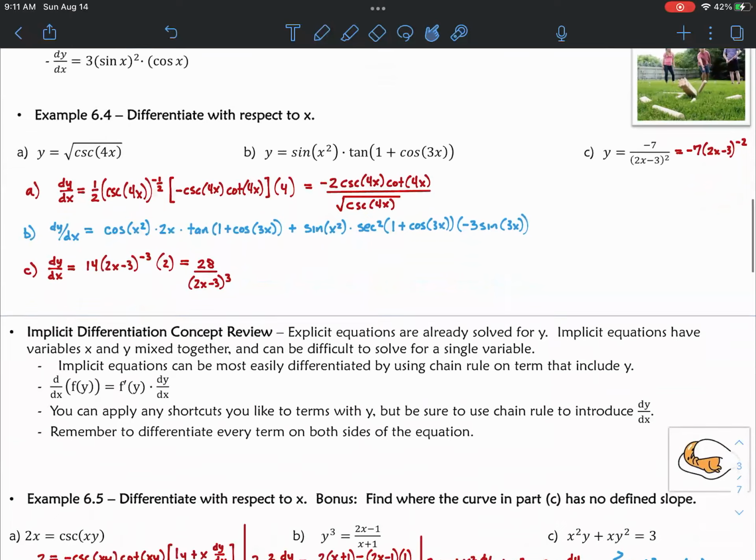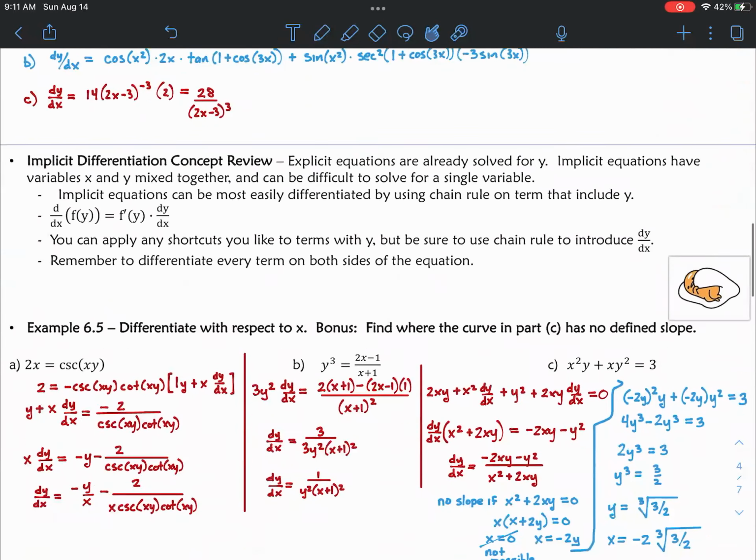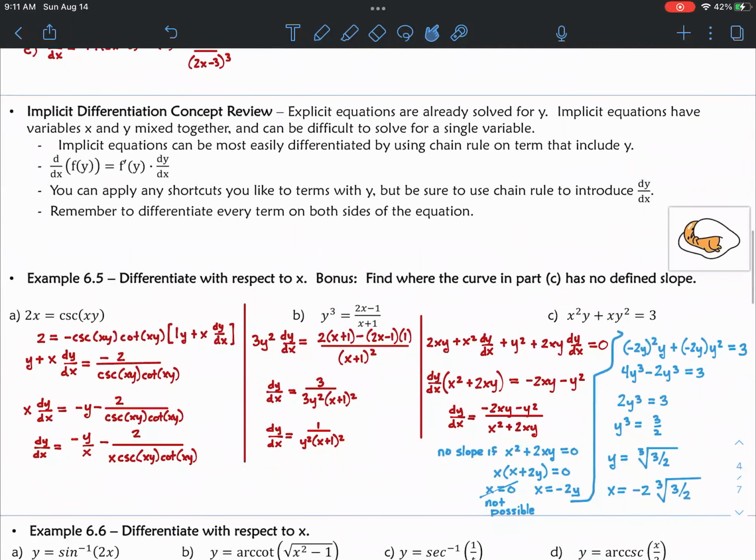This is a good segue into the next concept because implicit differentiation is actually just a version of chain rule. It's a version of chain rule that we use when we see y showing up mixed in with x's in some equation that we're supposed to differentiate, okay?